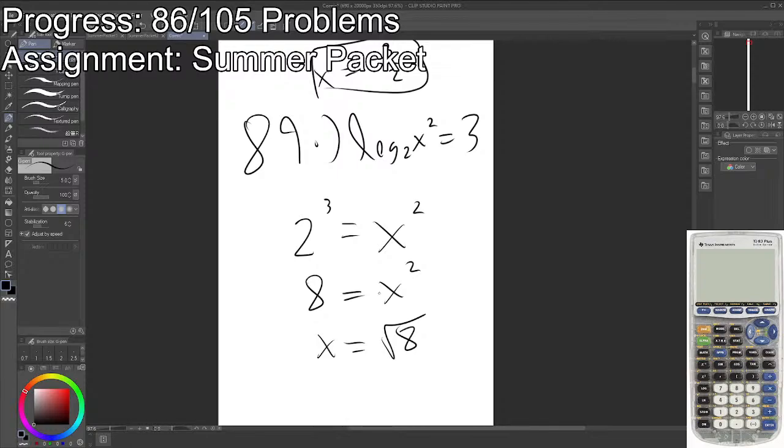And we know it can't be negative because you're squaring it, I think. Maybe, I don't know.